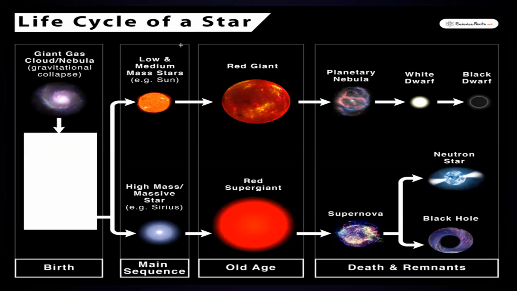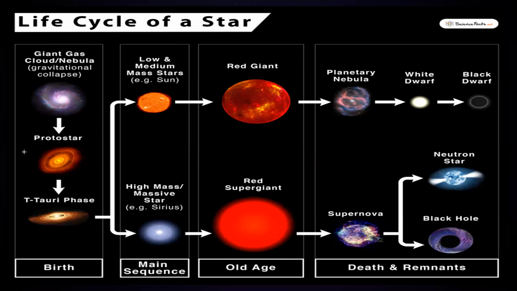For example, a high mass star means about 8 times or more the mass of the sun, and the low mass stars are, for example, 3 times the mass of the sun or the same as the mass of the sun. So first, the low mass star will form a stable star.